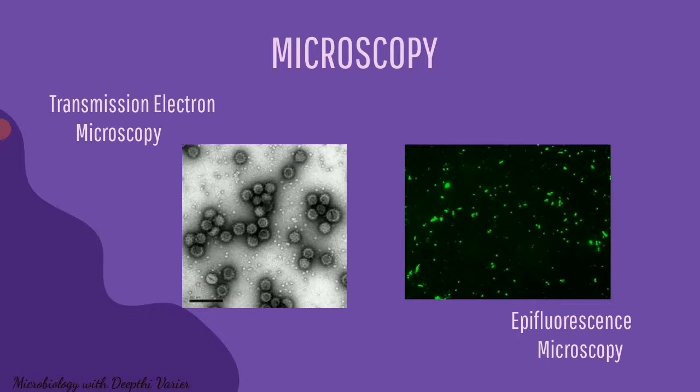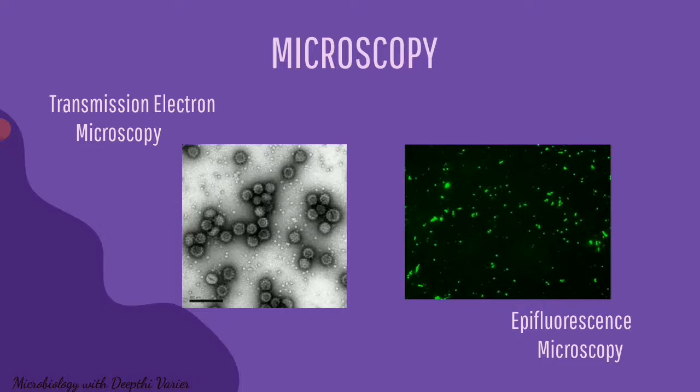So transmission electron microscopy and epifluorescence microscopy are two methods which can be used for counting viruses using a microscope. The transmission electron microscope is more time consuming. Hence, epifluorescence microscopy is in demand now, and is the one being used for counting viruses using microscopy in comparison to transmission electron microscopy.